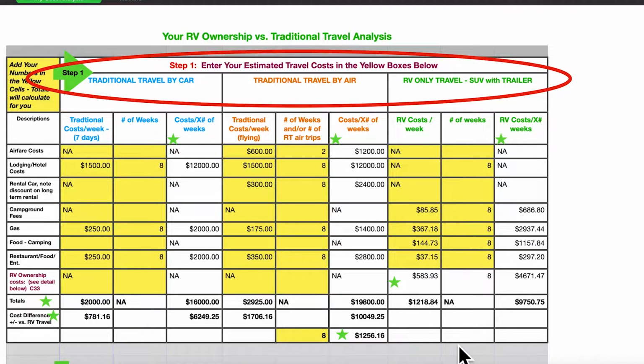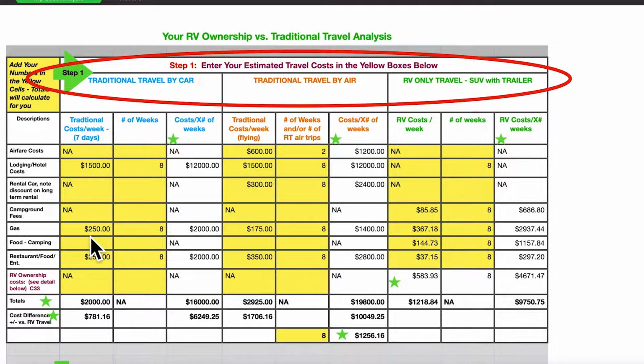Step 1 is where we're going to be entering our travel cost as well as the amount of time we're going to be traveling. You'll notice under travel by car, there's a weekly cost, the number of weeks that we're traveling, and then the cost over the duration of the trip. The categories in traditional travel by car include lodging, gas, restaurant food, and entertainment to come up with a weekly total.